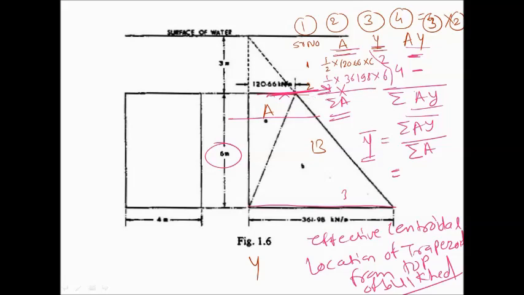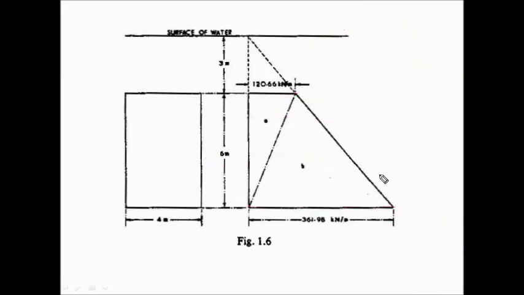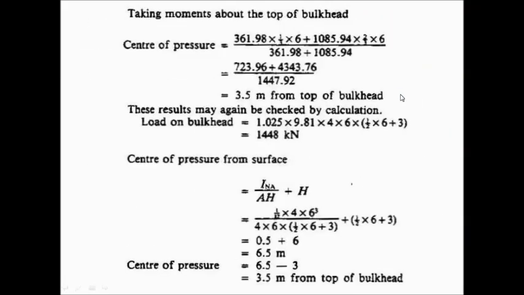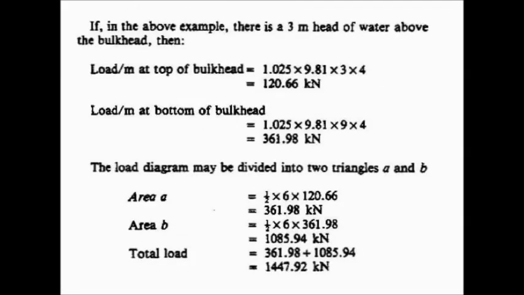Okay, now you can see that the calculation is here. You can see they have done here the load per meter at the top of the bulkhead, which is 120.66 kilonewton.